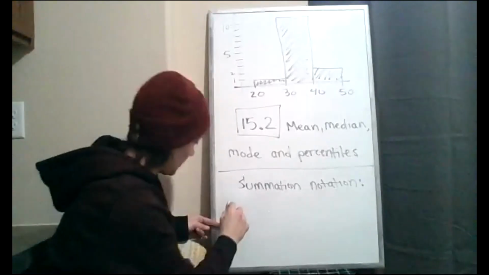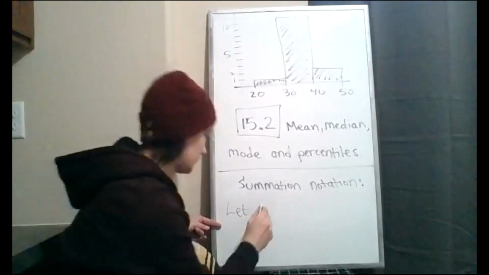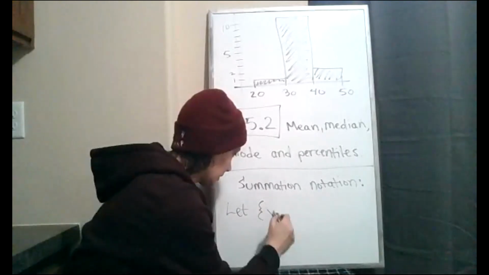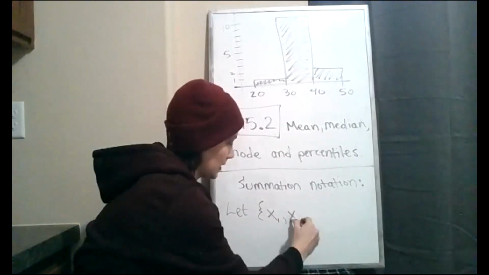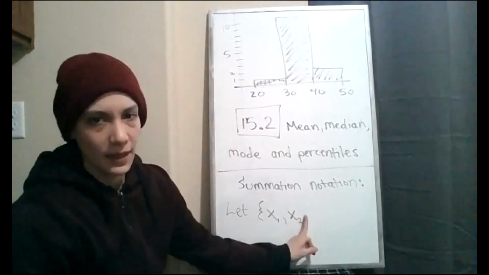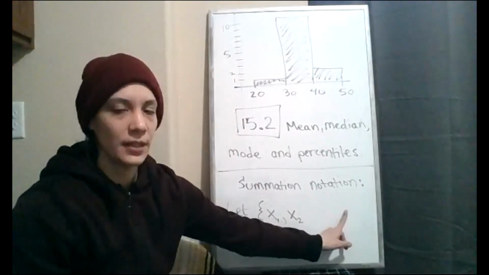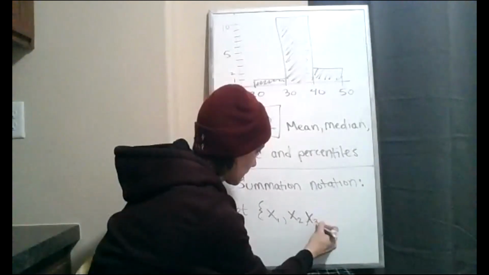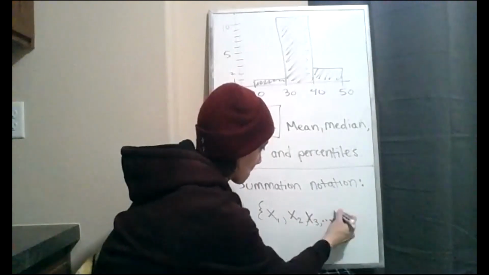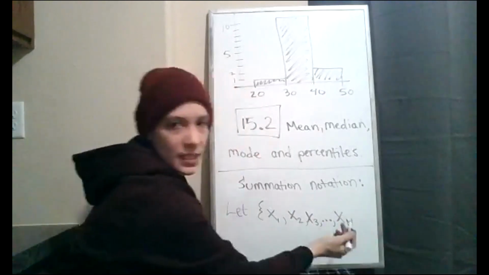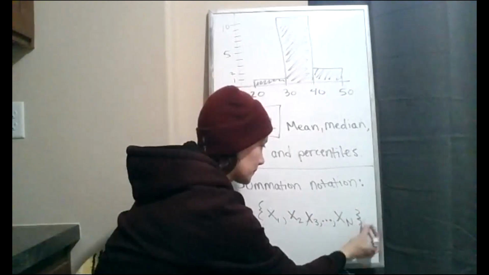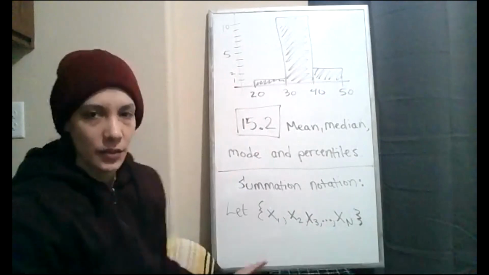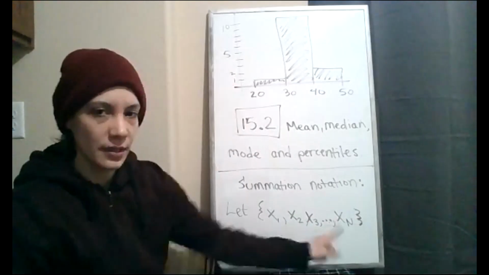We're going to let the set of x subscript 1, x subscript 2, x3, dot, dot, dot, up to x sub capital N, and then close the set. Let this set denote a set of n numbers, capital N.